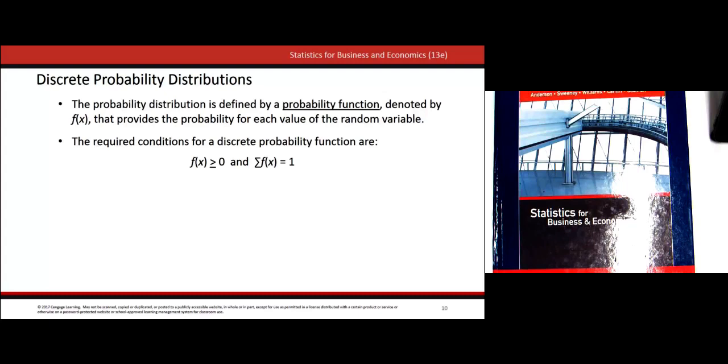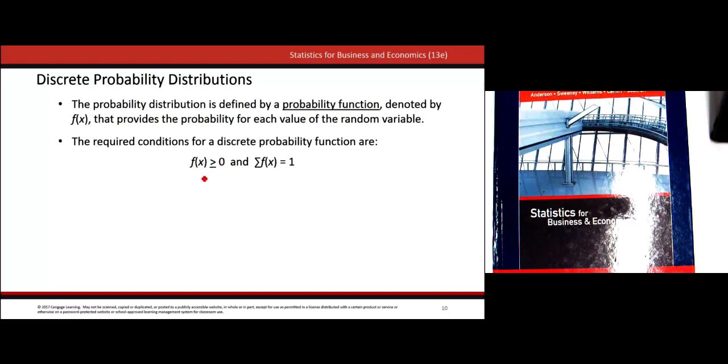There are some required conditions for a discrete probability function. The probability function is denoted by f of x. So for a discrete probability distribution, f of x directly assigns the probabilities.